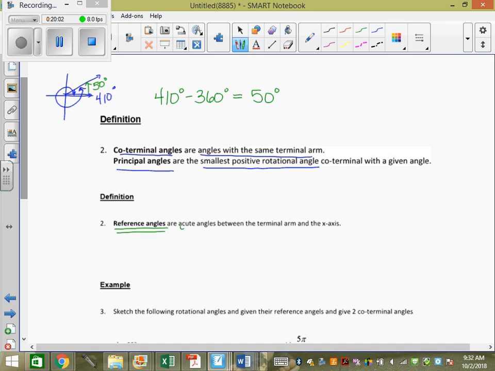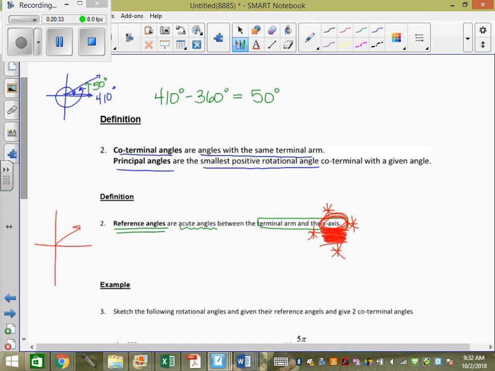Reference angles are the acute little angle between the terminal arm and the x-axis. I always say it's the bow tie angles.